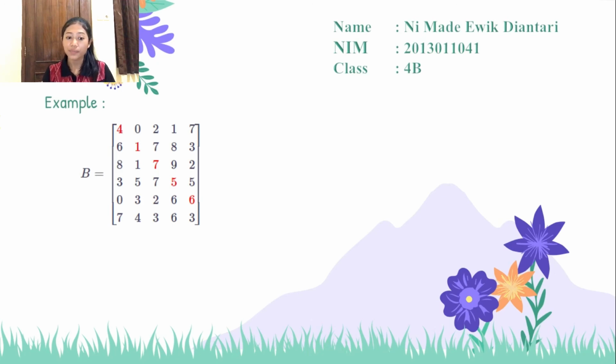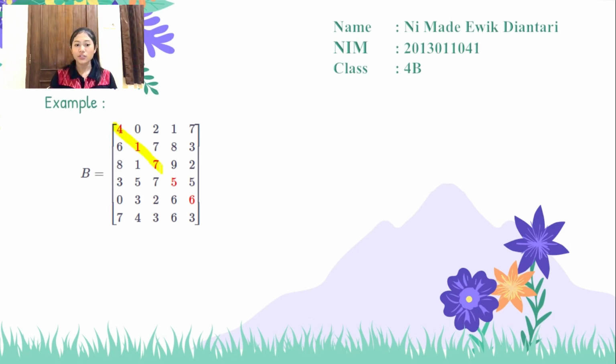In the rectangular matrix B, E11 equals 4, E22 equals 1, E33 equals 7, E44 equals 5, and E55 equals 6.